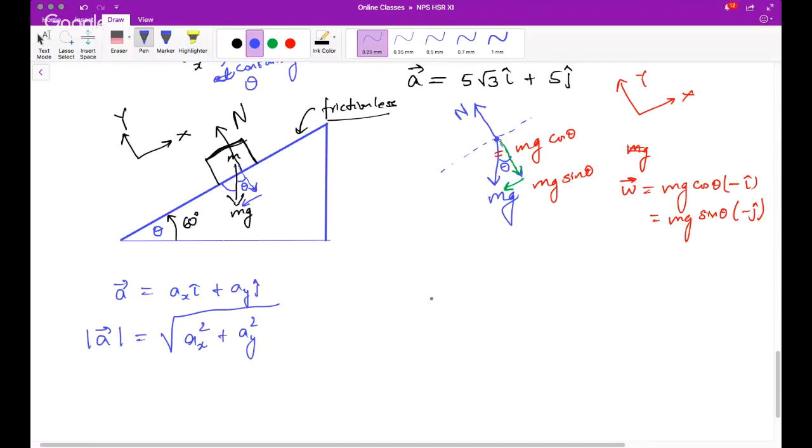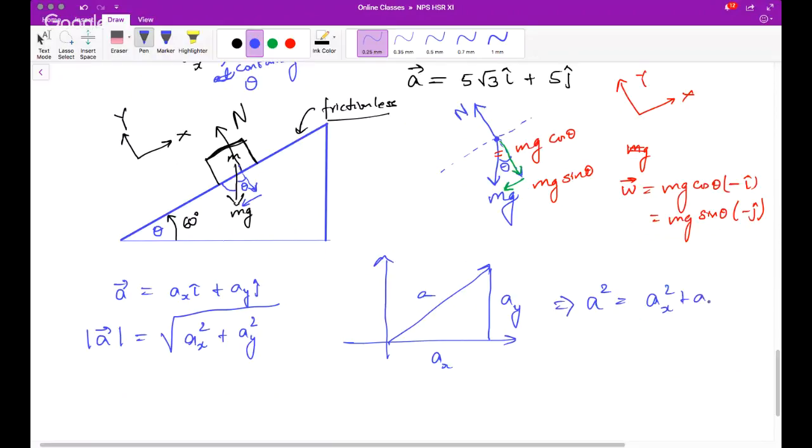You can easily prove this. This is my A, this is my ay, this is my ax. So A squared is equal to ax squared plus ay squared, by Pythagoras theorem.